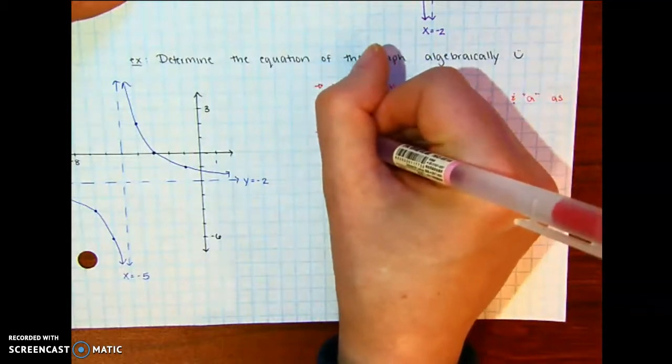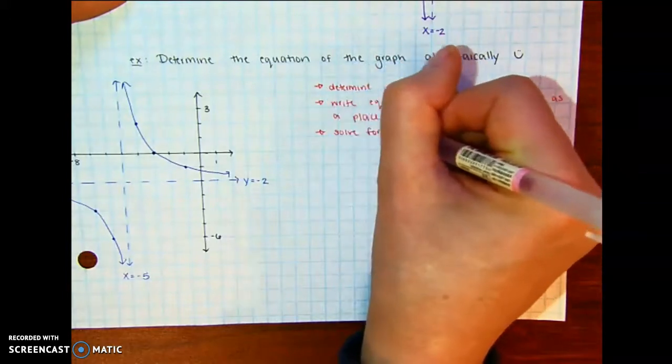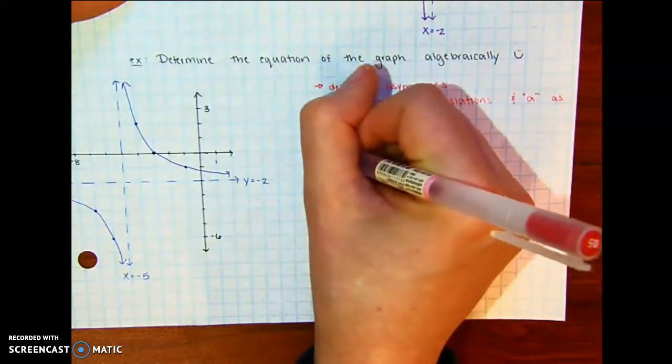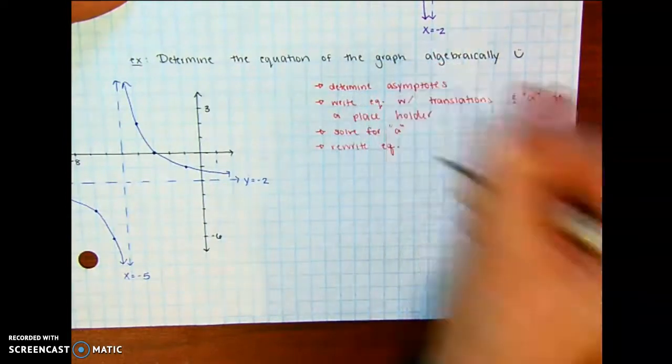Substitute a point in and solve for a. We've done this before. And then rewrite your equation.